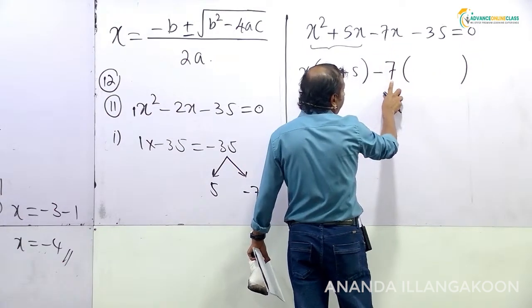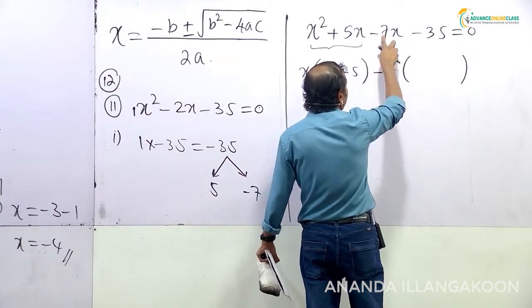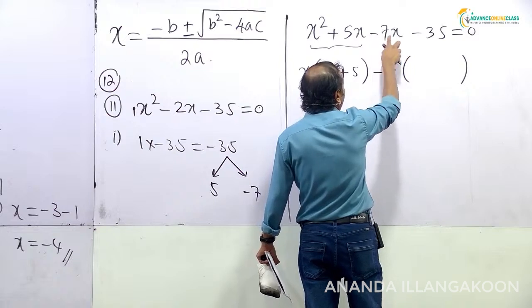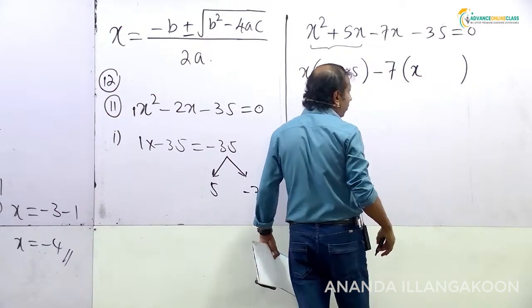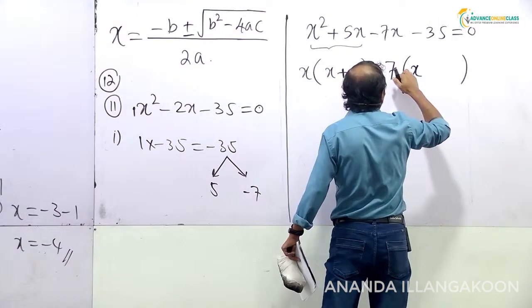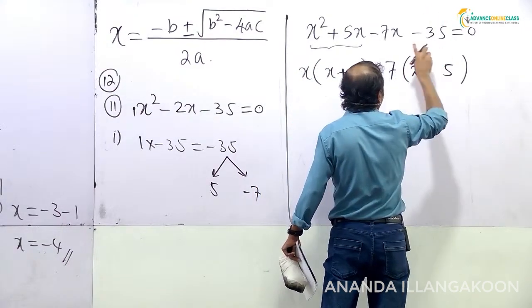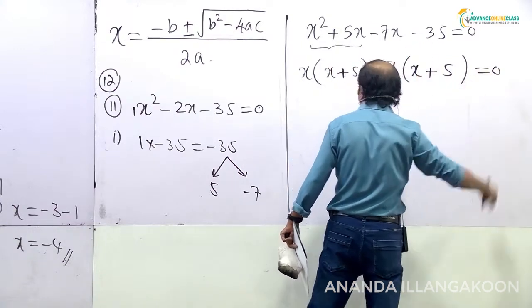I took 7 out. We should have only x. Since we took the minus sign, the x here having minus, since we take minus, the sign of x should be inside the bracket plus. Here 35 you can write 7 into 5. 7 we took out. Here 5. Since we take the minus sign now, this minus sign should be now plus.